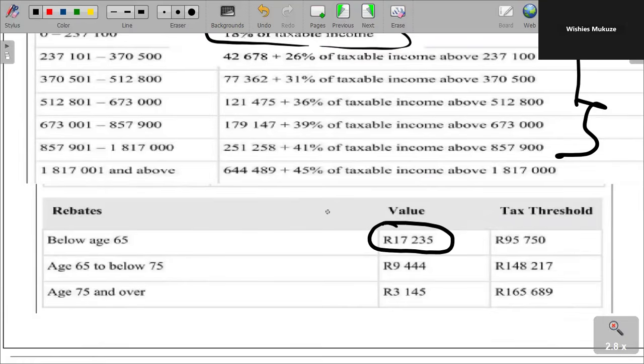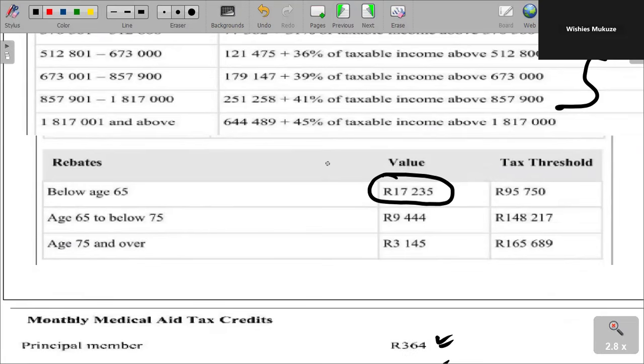We are going to say the tax threshold is 17,235 divided by our 18%, which is 0.18.